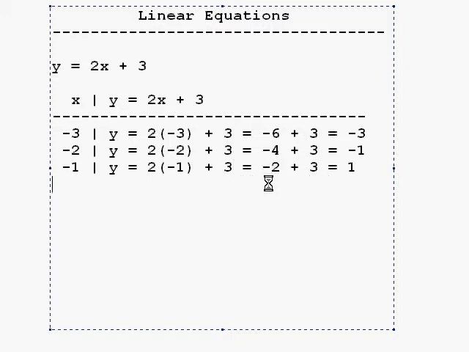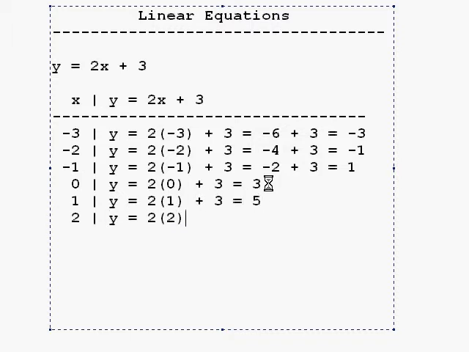If we look at 0, y would be 2 times 0 plus 3, which is just 3. If we plug in 1, 2 times 1 is 2, plus 3 is 5. We'll put in 2, then we get 7.